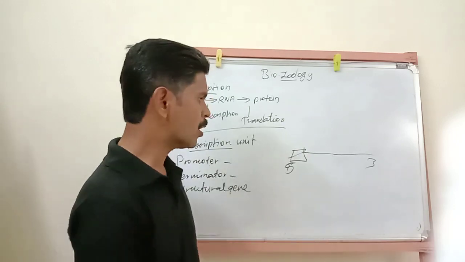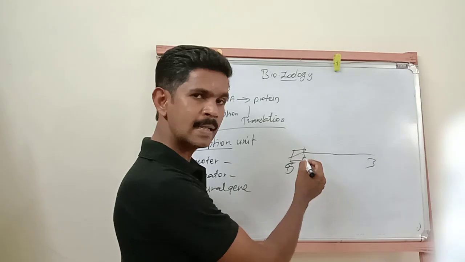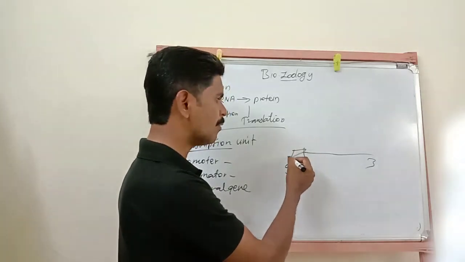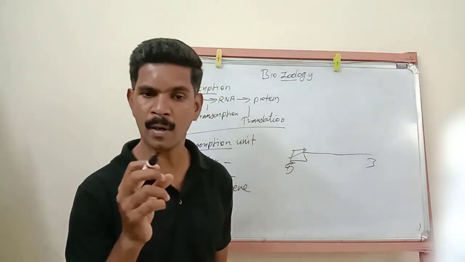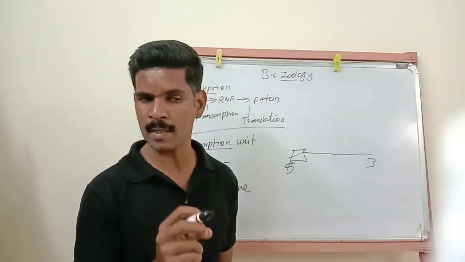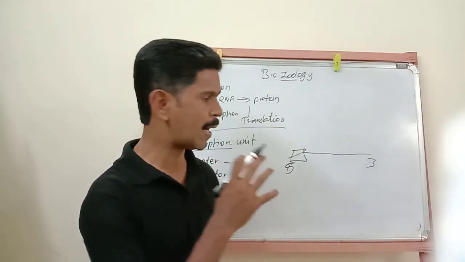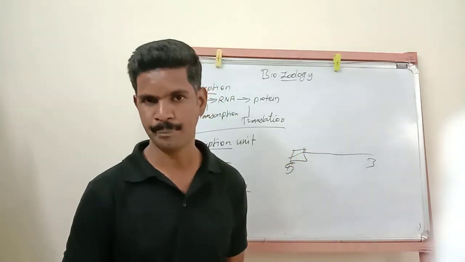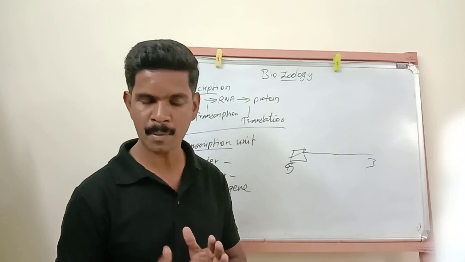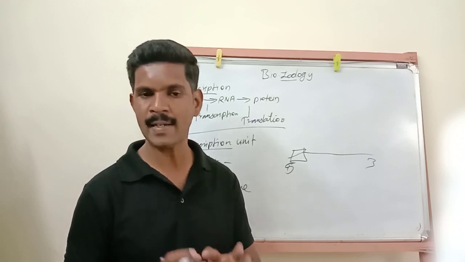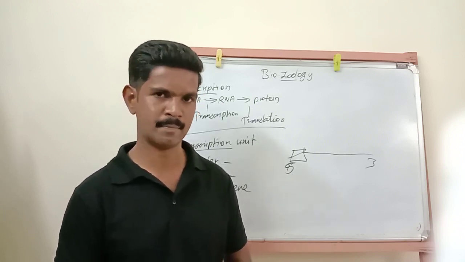Listen very carefully. So this promoter is one of the regions present in the 5' end of a DNA molecule. In this region only the RNA polymerase enzyme is binding. So this 5' end, this promoter region, is acting as a binding site for the RNA polymerase.